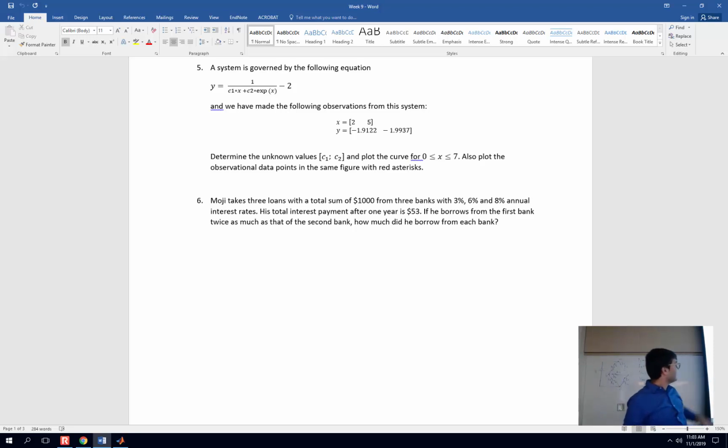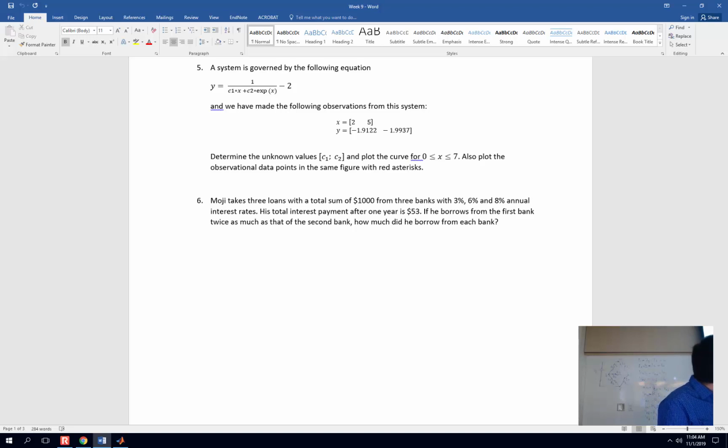So I take 3 loans, a total sum of $1,000 from 3 banks. One has a 3%, one has a 6%, and one has 8% annual interest rate. My total interest payment after 1 year is $53.